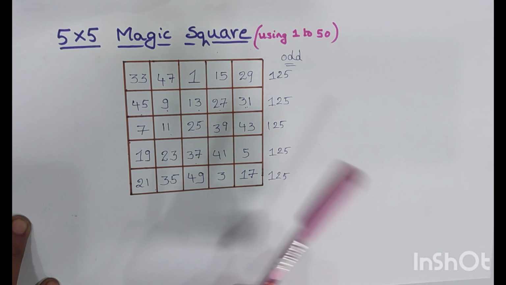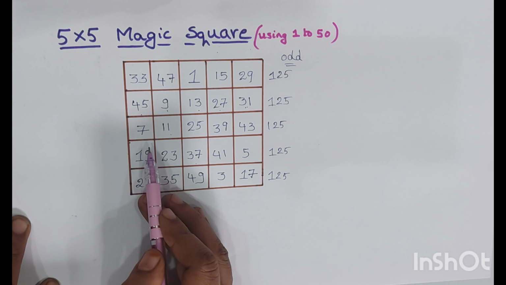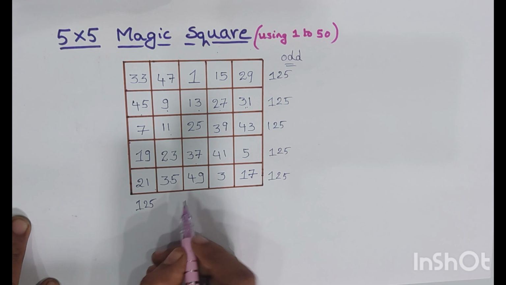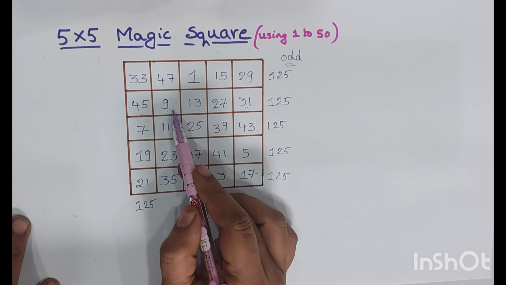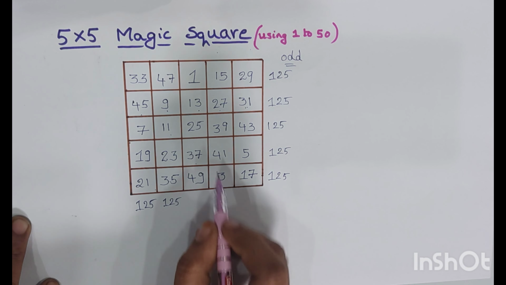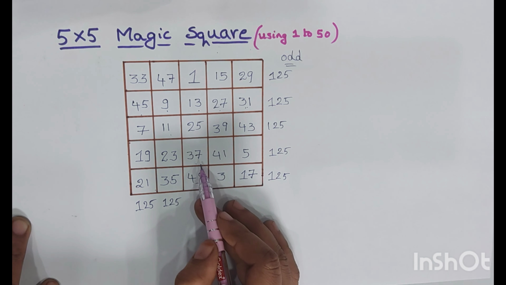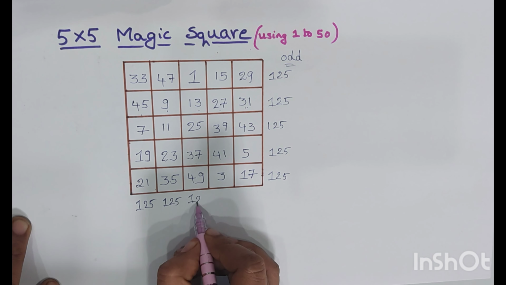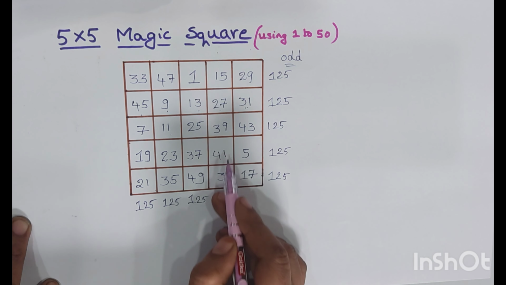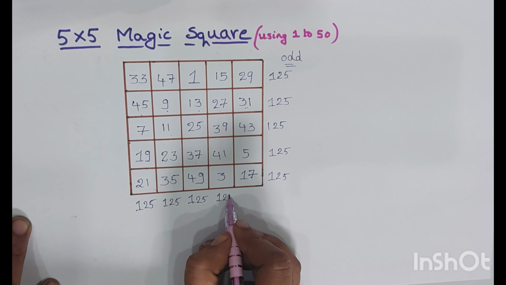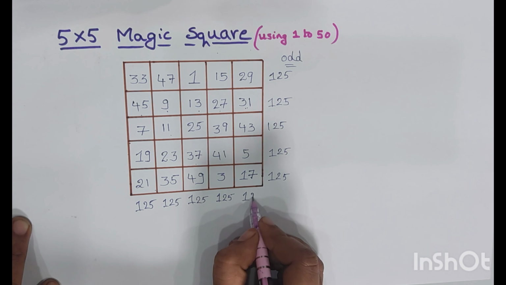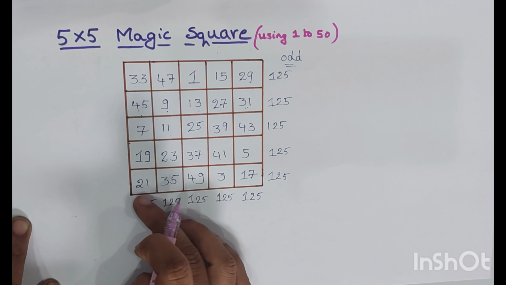The first column, the total of the 5 boxes, will be 125, and the total of the second column will also be 125, and the third column total will be 125, and the fourth column sum will be 125, and the fifth column sum will be 125. Now we will check the diagonals.